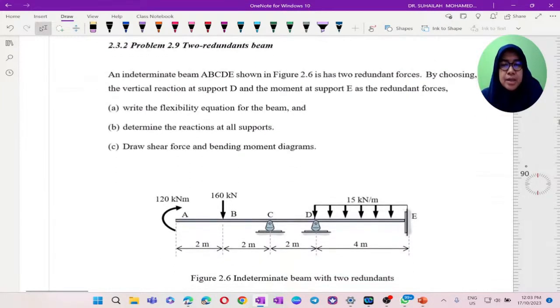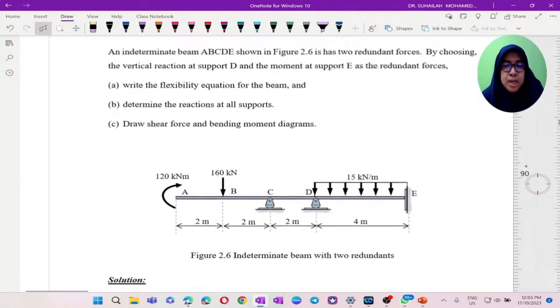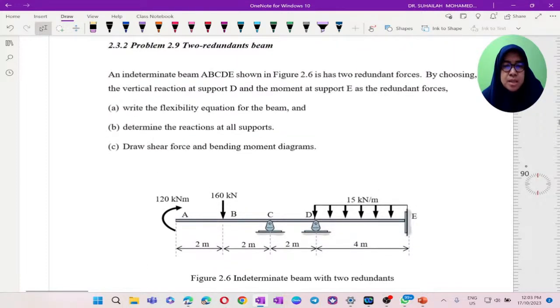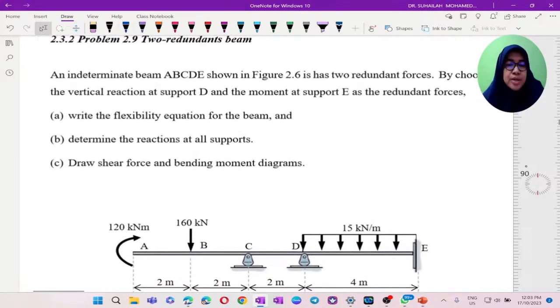I just want to go through the example and question given in the module in the workbook. This one is too redundant. You have to write the flexibility coefficient, flexibility equation. The question is to write the flexibility equation, which means the compatibility equation.